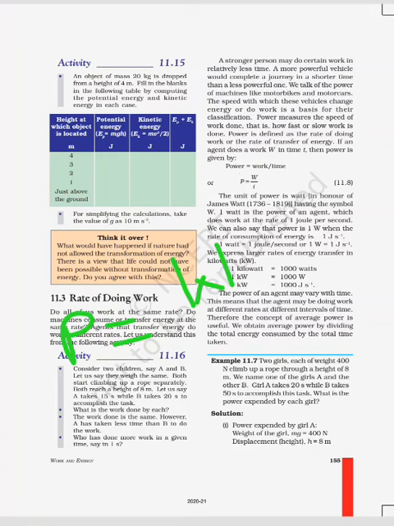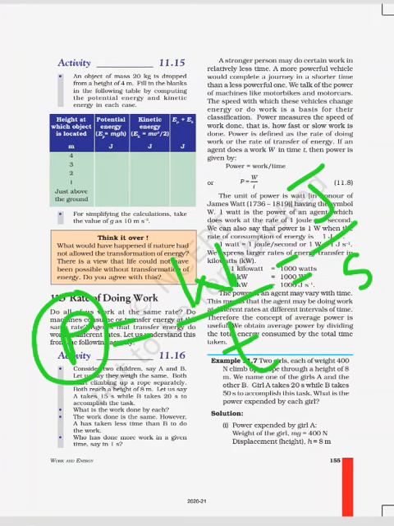If we are talking about rate of doing work, it means we will divide work by time. W upon T. Power is denoted by P and it is work upon time. The unit of power is, unit of work means joule, upon unit of time means second.